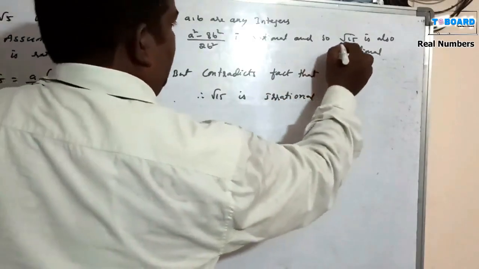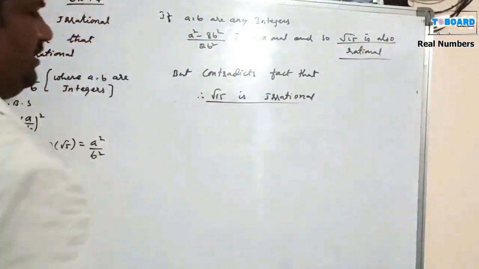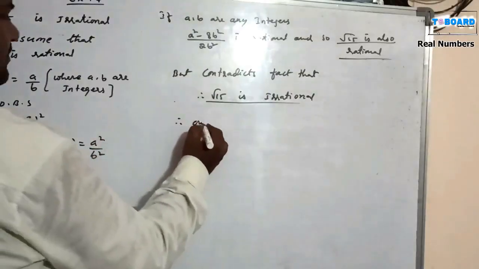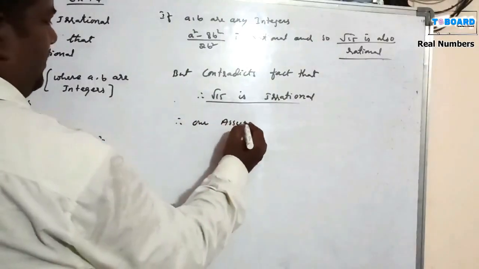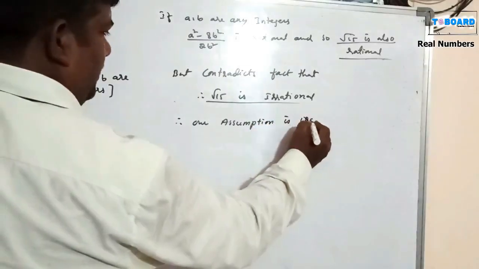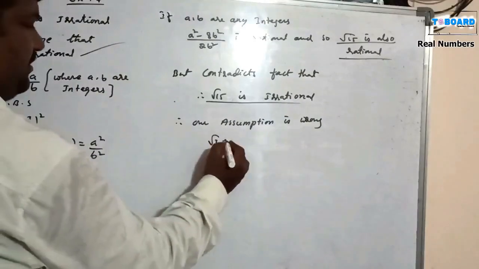What is real? Root 15 is irrational. Therefore our assumption is wrong. What is our assumption? Root 3 plus root 5 is rational is our assumption.